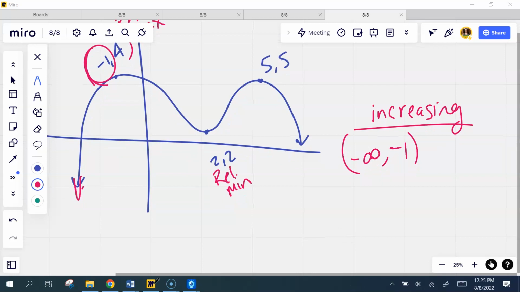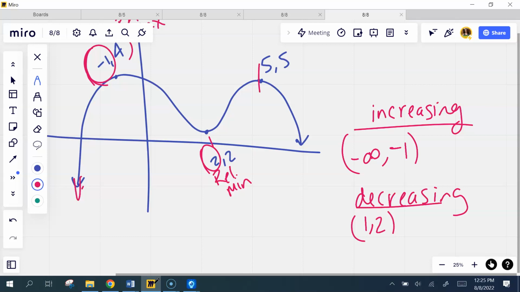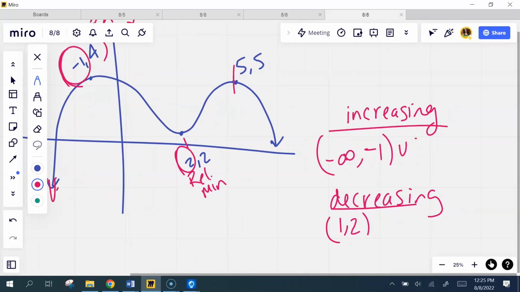And then from -1 to 2, that's decreasing. From 2 to 5, increasing. So I'm going to join that with the increasing one. And then from 5 to infinity, decreasing.